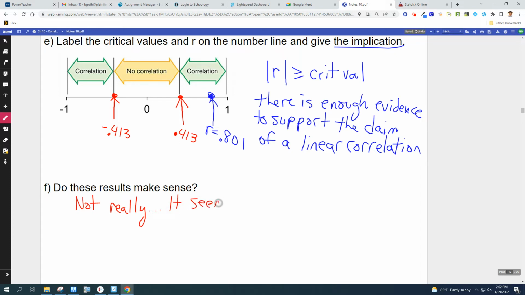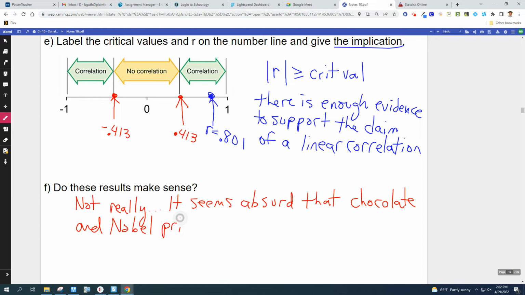It seems absurd that chocolate and Nobel Prize winners are correlated.